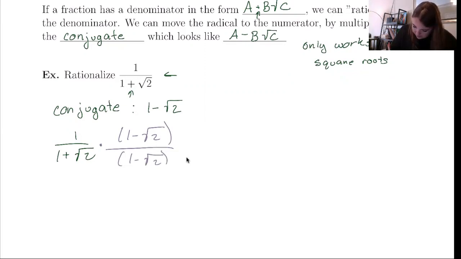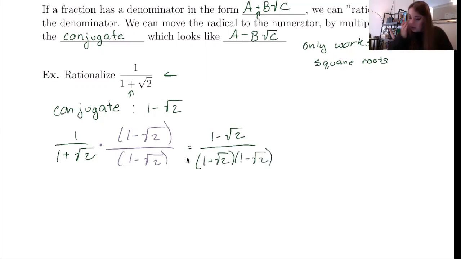So then 1 times 1 minus root 2 is just 1 minus root 2, and then 1 plus root 2 times 1 minus root 2. Does this look familiar to anything? Something plus something, something minus something. Let that set in for a little bit.